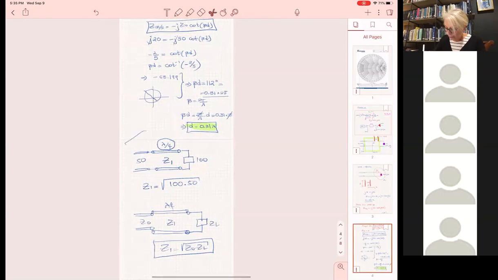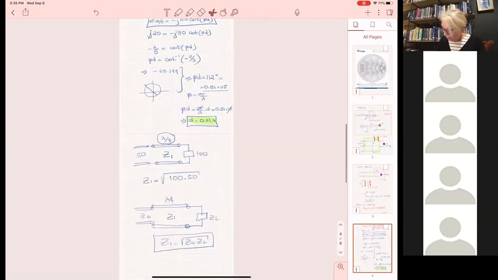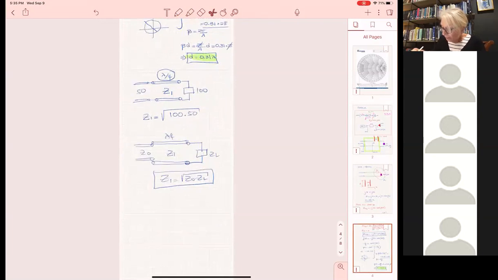Okay, perfect. So now we have found the characteristic impedance of the quarter wavelength line to be Z1 equals square root of 100 times 50, which is 5,000. And how much is that? I think that's 80 something. 5,000.